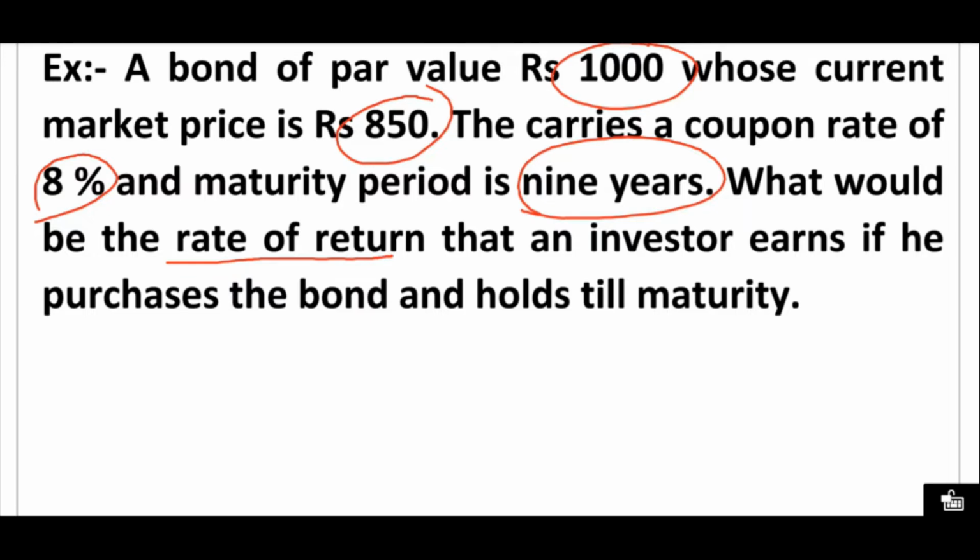That means the investor is purchasing the bond from the market. So what should be the rate of return so that he must get at least 850 rupees as a present value of whatever cash inflow is there.